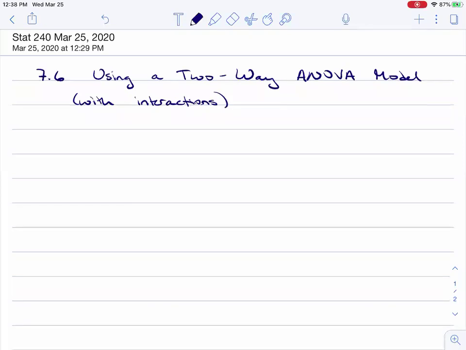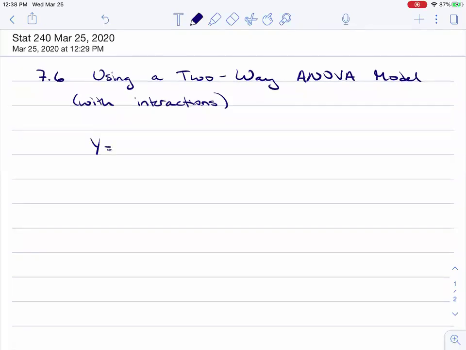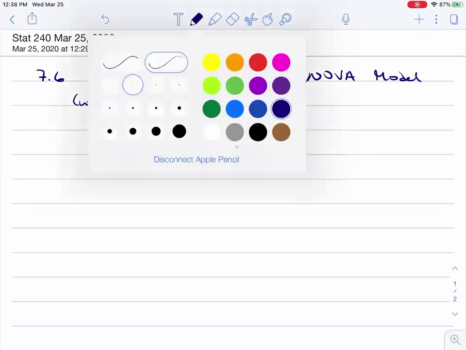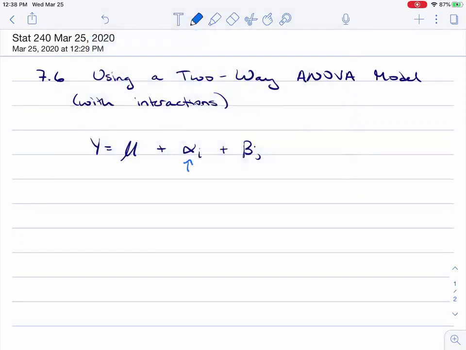So what we have is the theoretical model: mu plus, and then we can use alphas or taus, it doesn't matter, alpha i plus beta j. So we've got our treatments, or treatments maybe, blocks.